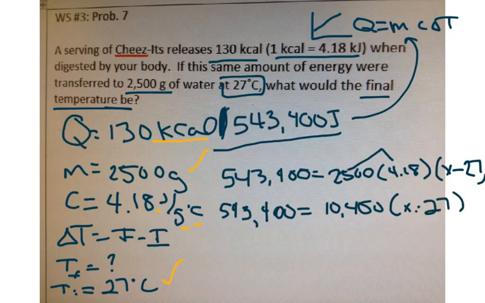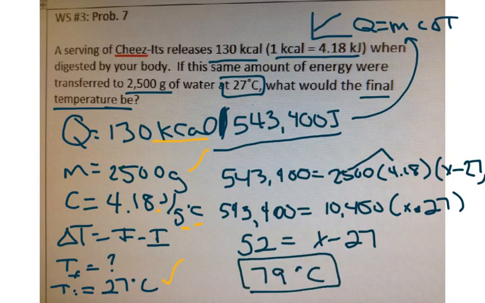That should be a minus, sorry. I personally like to divide by the 10,450 at this time. So in the end, I get 52 exactly equals X minus 27. So then I add 27 to both sides and I get 79. So my final temperature would be 79 degrees Celsius.